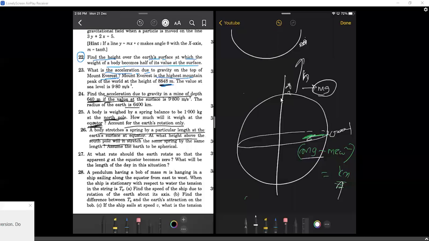Yeah, we can approximate this value: mg into 1 minus 2h by R. So at some height you get this weight, and you should equate the weight to this thing, and you have to find the height. That is what he's asking in the problem. So that is the question 26.